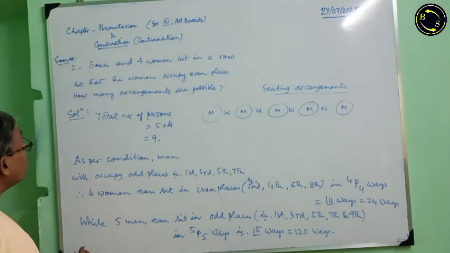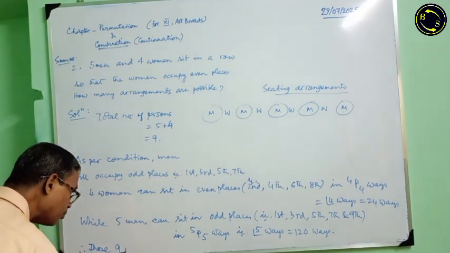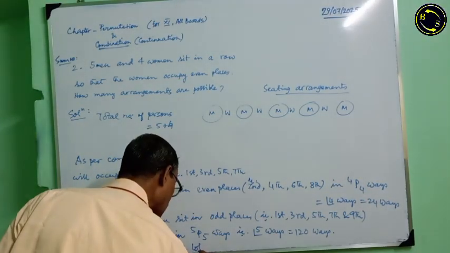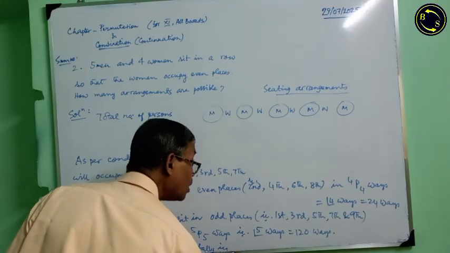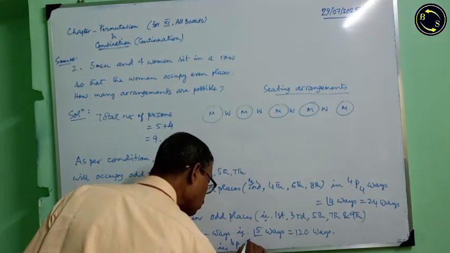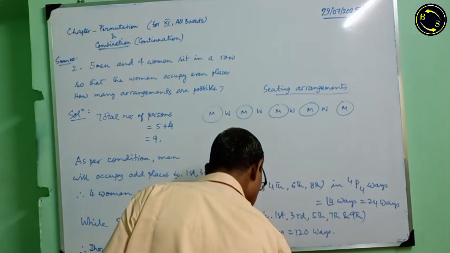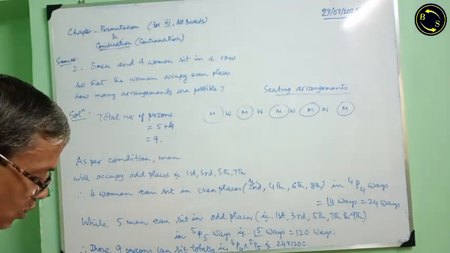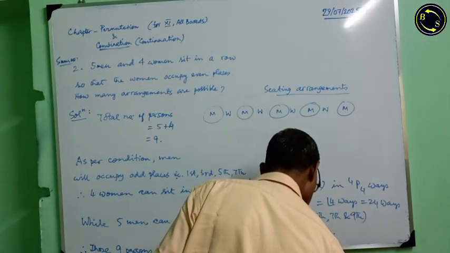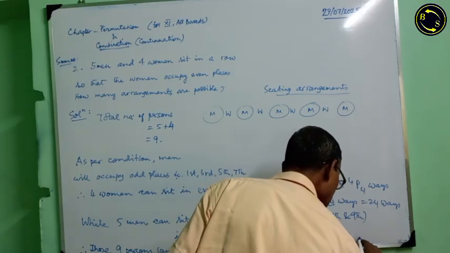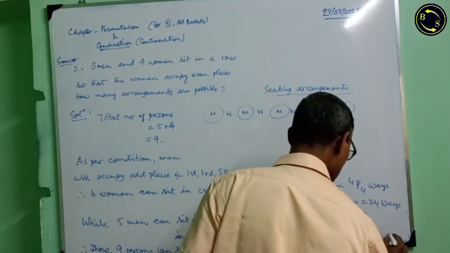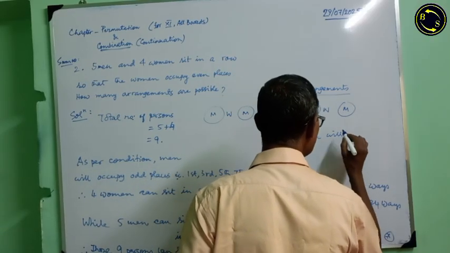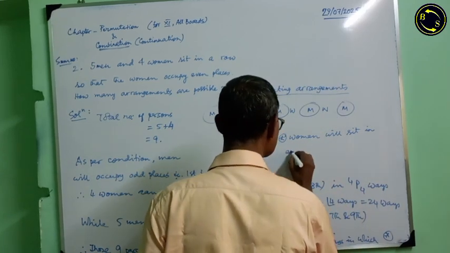Therefore, those 9 persons can sit totally in 4p4 into 5p5, that is 24 into 120, result is 2880 ways, in which women will sit in even places.